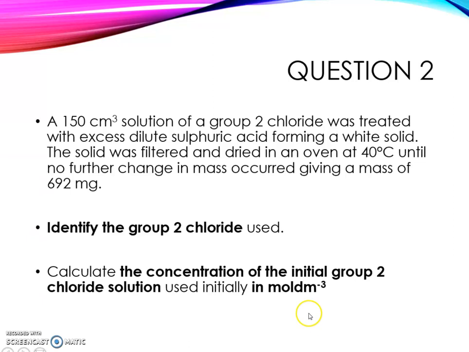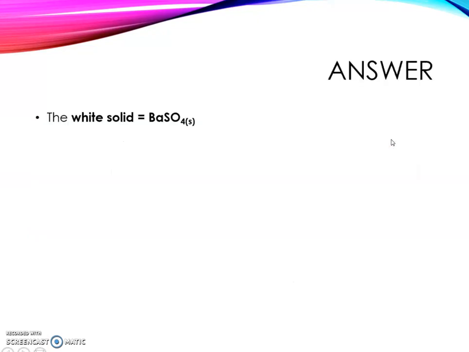Okay. So, again, the starting point is your observation from the group 2 chemistry which has occurred, i.e. the metal ions reacted with dilute sulfuric acid and formed a white solid. This should scream out to you barium sulfate. That is the white solid.